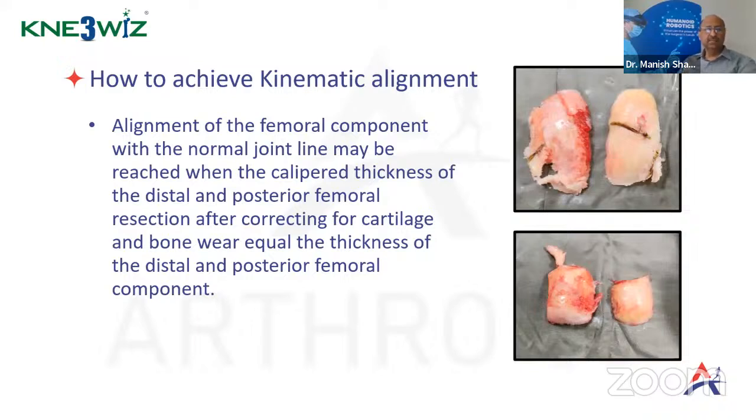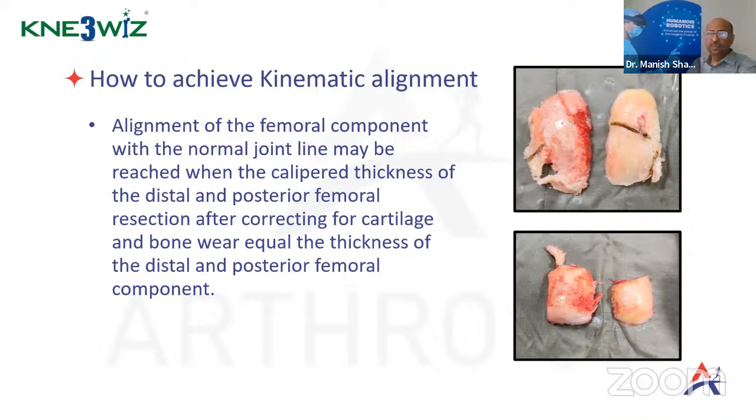How is this done? For the first time, instead of talking in degrees to the mechanical axis, Stephen Howell came up with the concept that if we were to measure the cut thickness and make up for the loss of articular cartilage, which has happened because of wear and tear, we would effectively restore the person to what he had naturally.